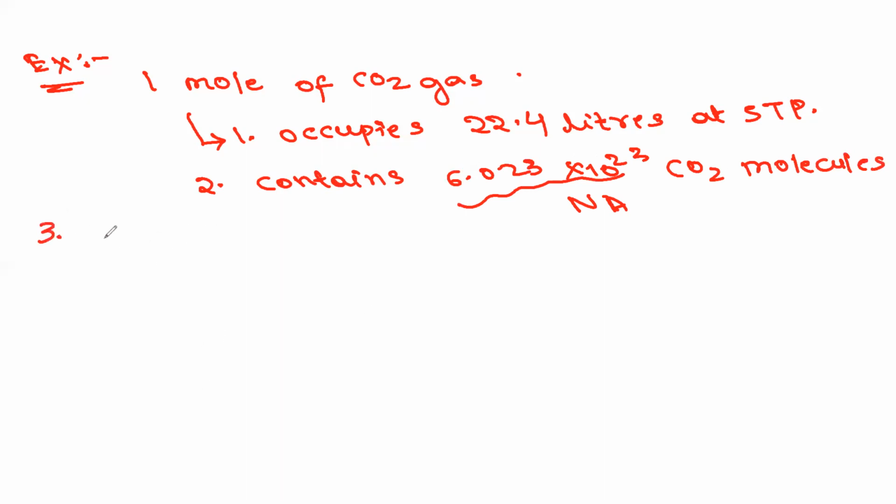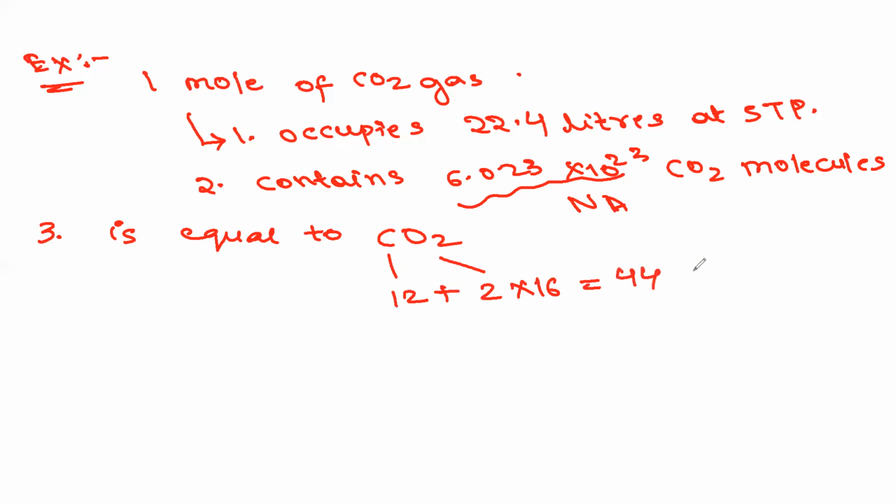Third point, 1 mole of carbon dioxide is equal to... So what is the molecular mass of carbon dioxide? In the previous session, we discussed how to calculate the molecular weight of any molecule. So carbon is 12, oxygen is 16, so 16 into 2, 32.